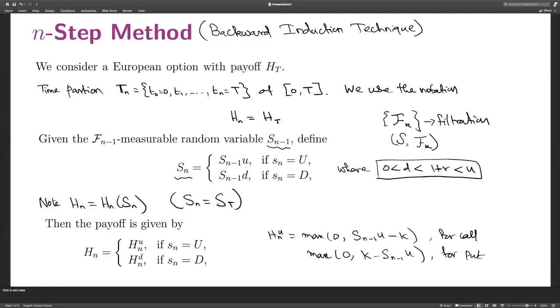And similarly, you can define Hn^d. So the payoff is given like this. With these notations, let us proceed to build the backward induction technique.